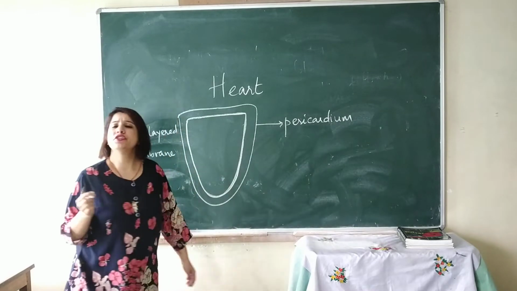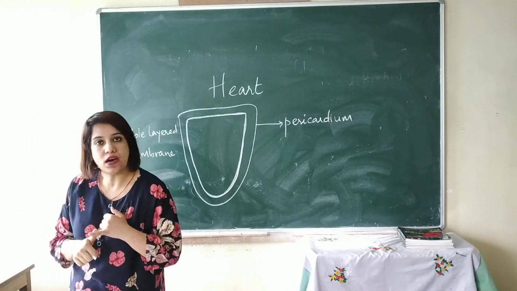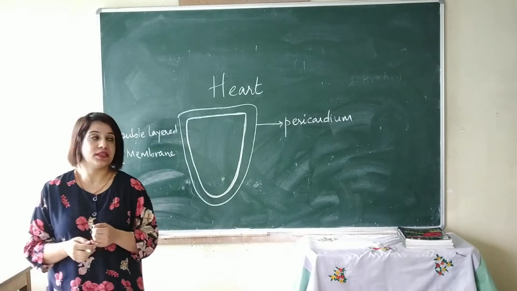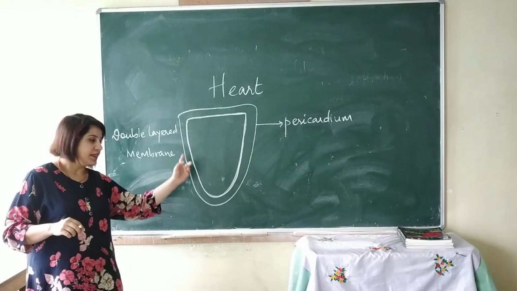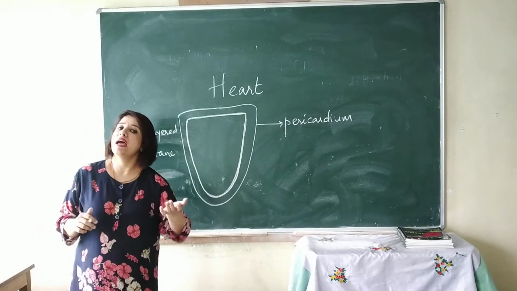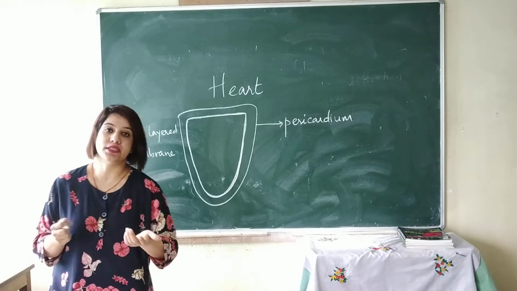Now, what is the function of the pericardium? The pericardium protects the heart from injuries. So, pericardium is a double-layered membrane that covers the heart and its function is to protect the heart from injuries.